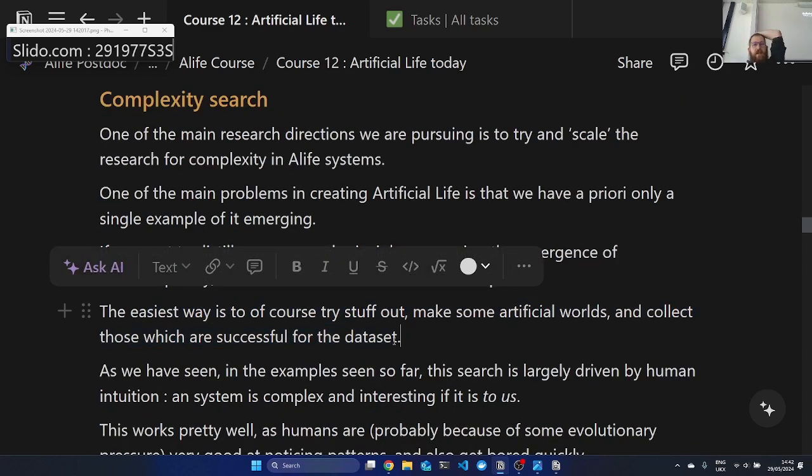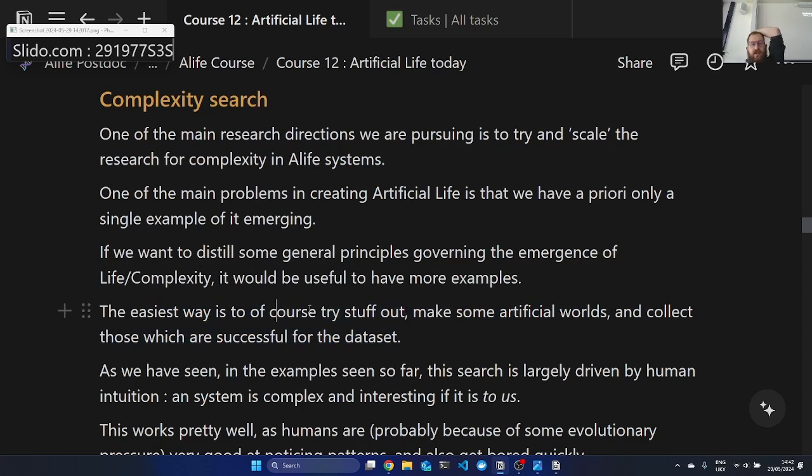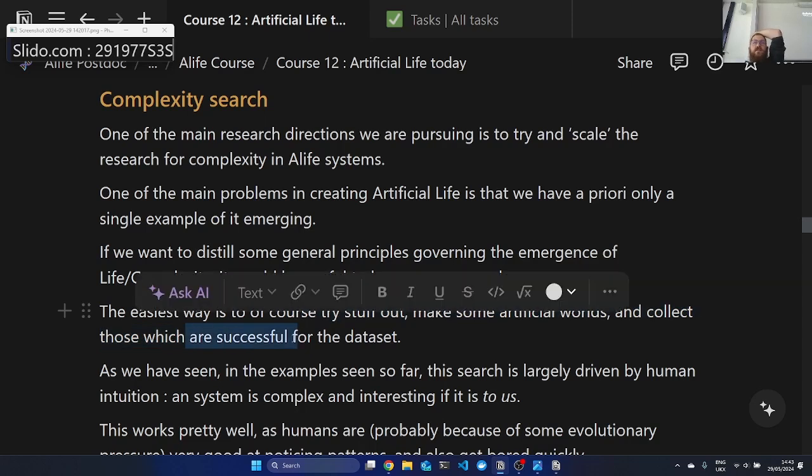So right now, the way that people came up with examples, although they're not ideal examples, is you make some artificial worlds, and you collect those which are successful, okay? And the way that people collect the successful artificial worlds is by human intuition, right?